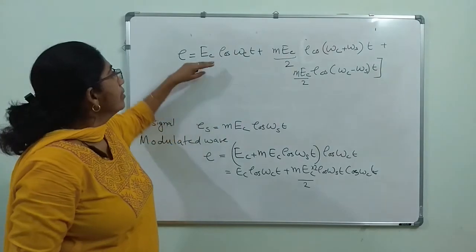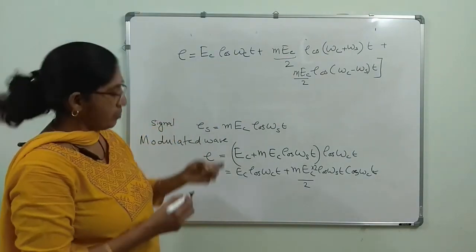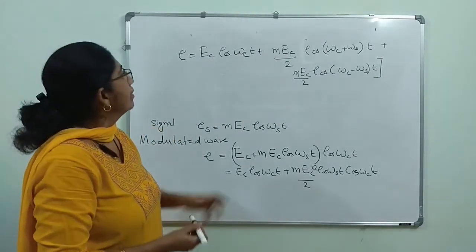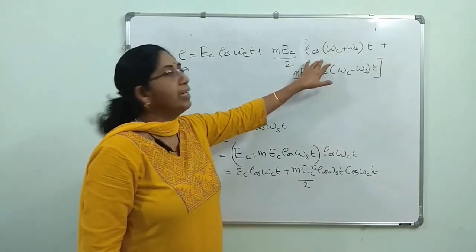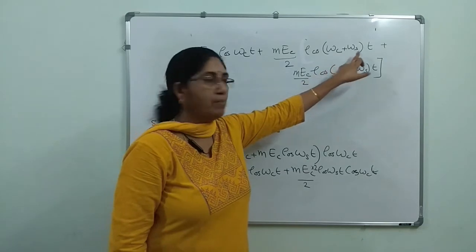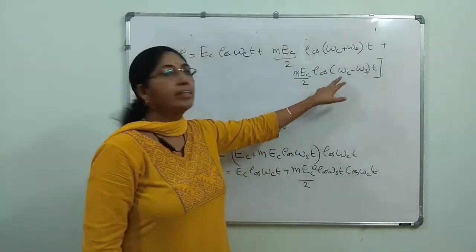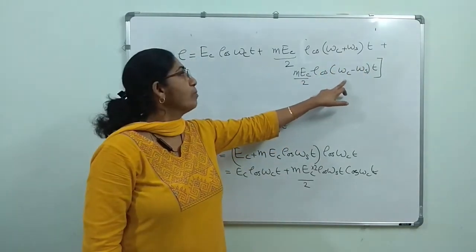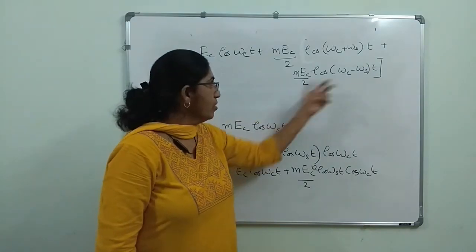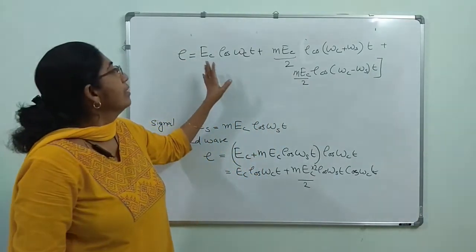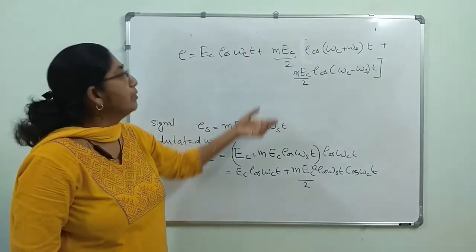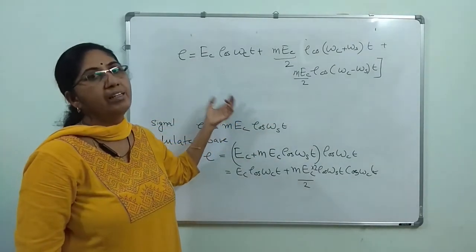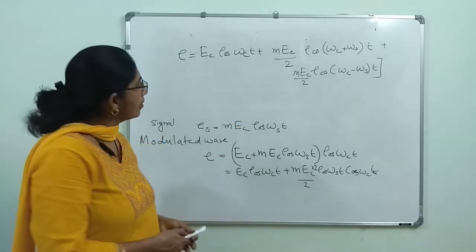The first component is EC cos omega CT, with the frequency omega C. The second component has a frequency omega C plus omega S, and the third component has a frequency omega C minus omega S. So it is similar to 3 different waves combining together, and this resultant you are getting is seen in the figure.